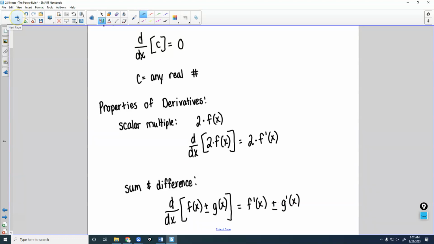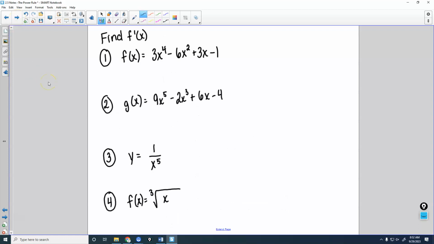So let's look at what we've got here. If we have f of x equals 3x to the 4th minus 6x squared plus 3x minus 1, and we're taking the derivative, we just do each term separately. So 3x to the 4th would be 12x to the 3rd.